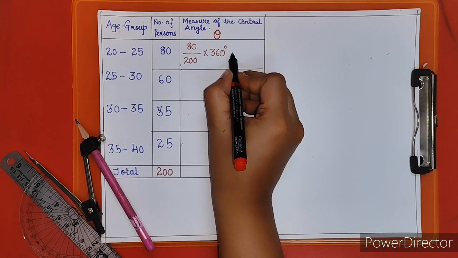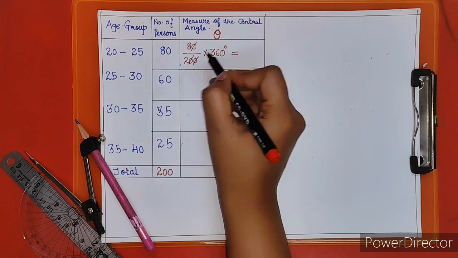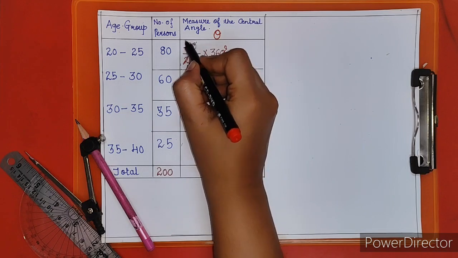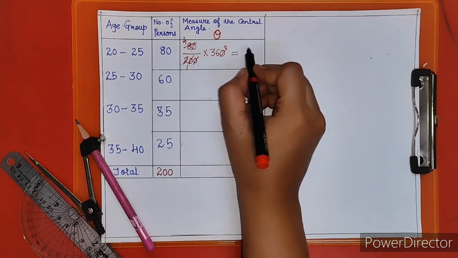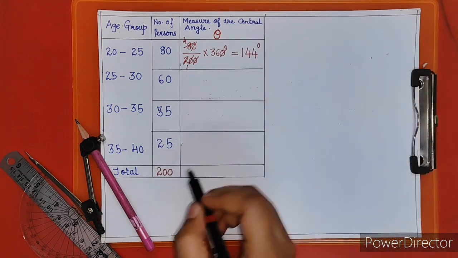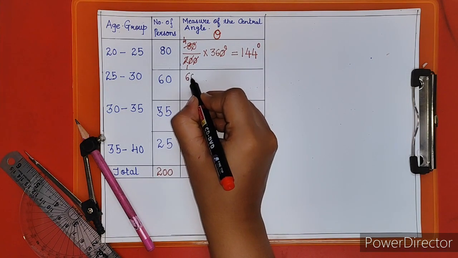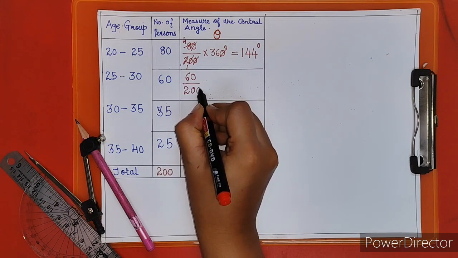equals 2. So we will see, 1, 2, 3, 4. We have cancelled all the zeros. 2 ones are 2 and 2 twos are 4. 4 multiplied by 36 is 144 degrees. Coming to the next one, there are 60 persons and the total number of persons is 200.